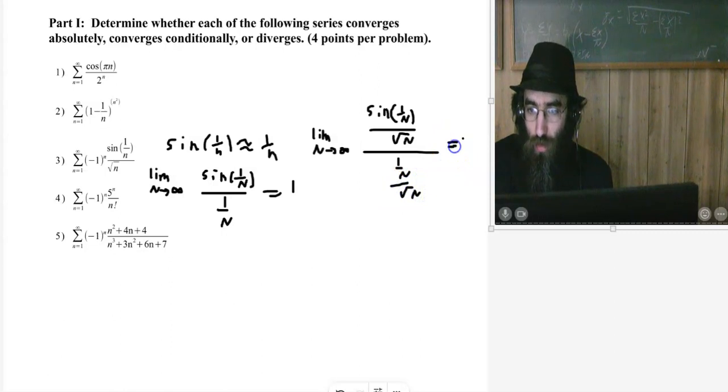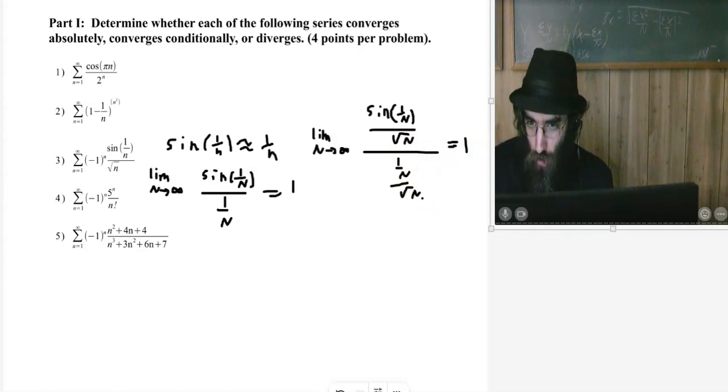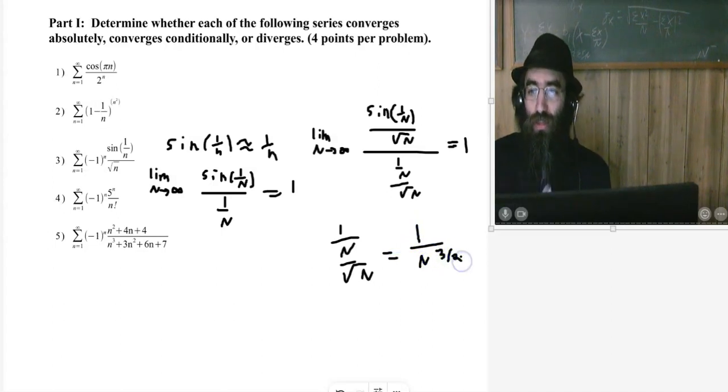And that limit's going to equal 1 because the square root of n's in the denominator is canceled. So if one of these converges, the other one must converge also. 1 over n over square root n equals 1 over n to the 3 halves. You have a p series with p equals 1.5, therefore convergent.